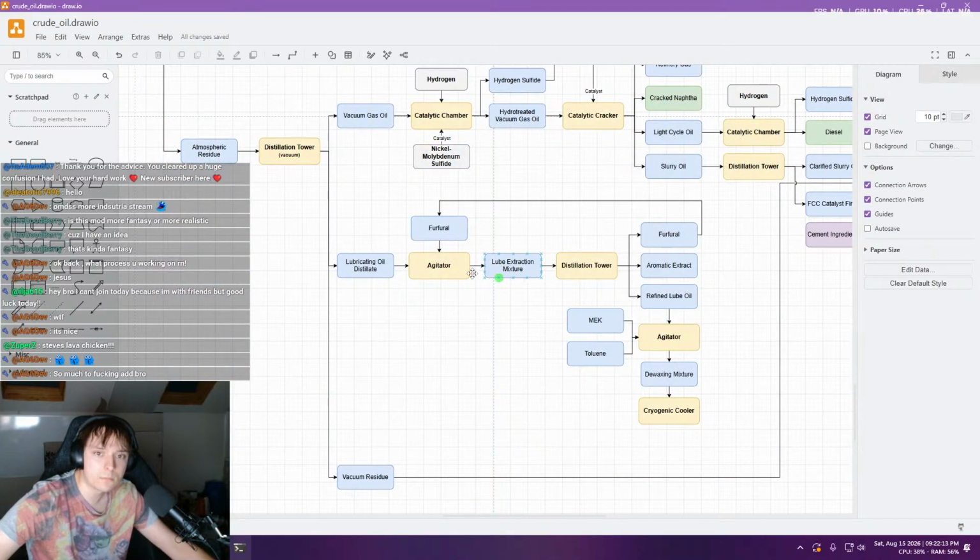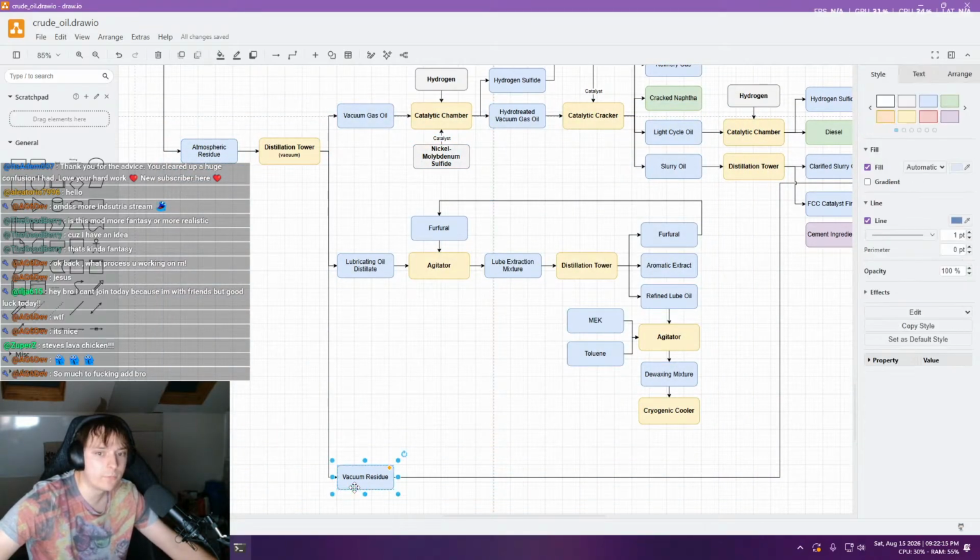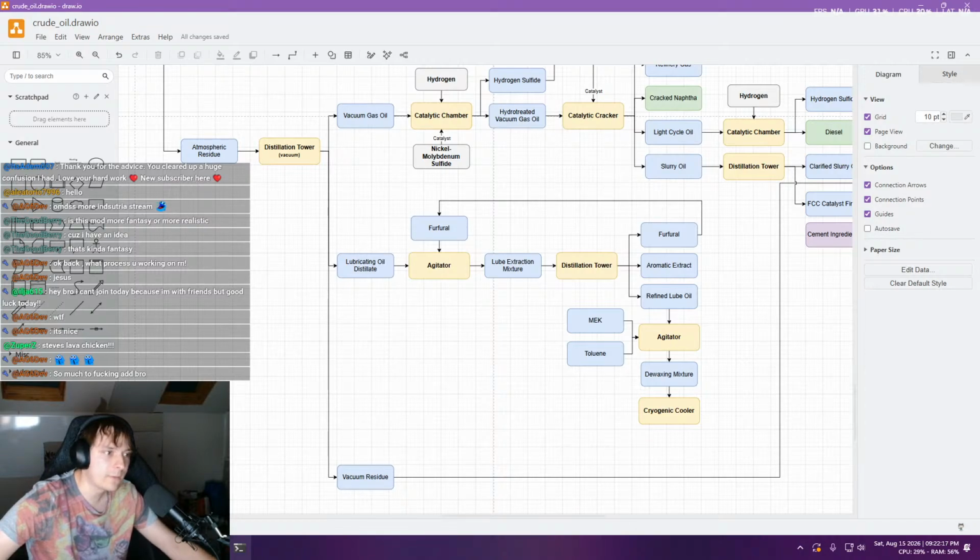Once we've done the lubricating oil, we have to do vacuum residue, but vacuum residue isn't as bad. Let's see if I can find it. I kind of already have it because it is much shorter. Here you go.